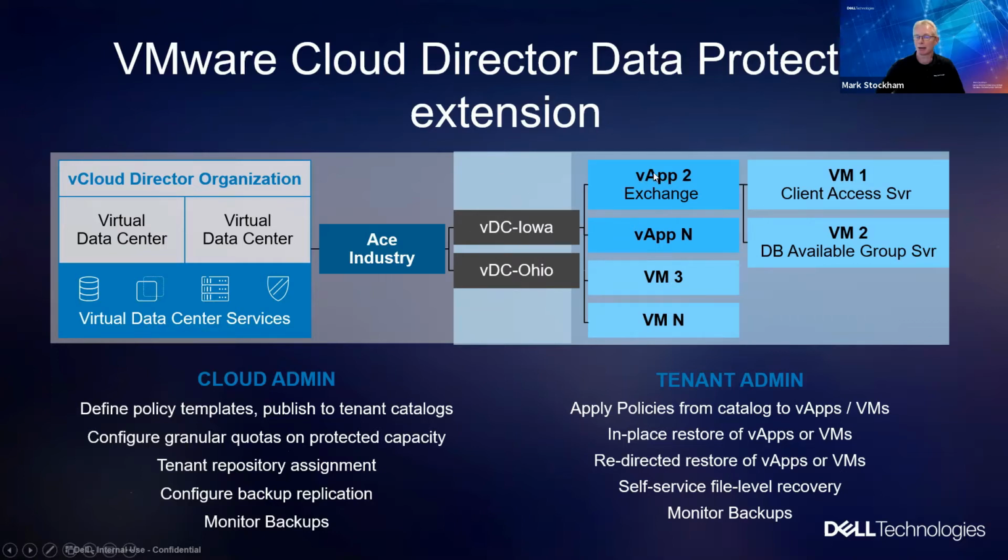A virtual data center might have a vApp or an individual VM that needs to be protected, and that individual vApp might be broken down into individual VMs. So we can protect at the sub-vApp level. We could actually say we're only going to protect VM2 under this vApp. We can have an entire vApp protected, or we can protect standalone VMs as well. And we can set policies at various different levels, which we'll do in a second in the demo.